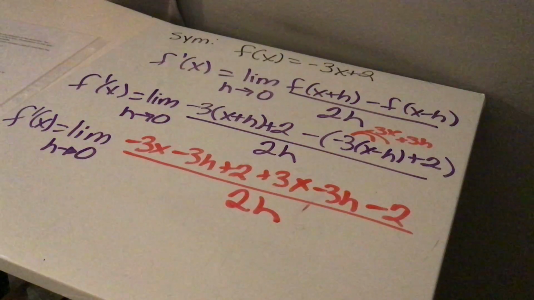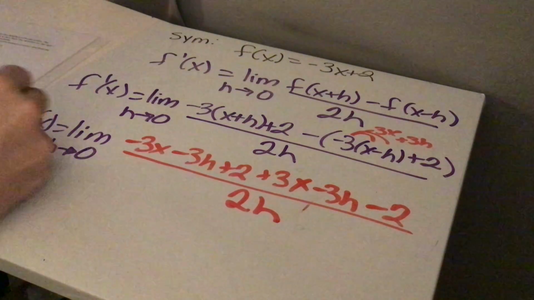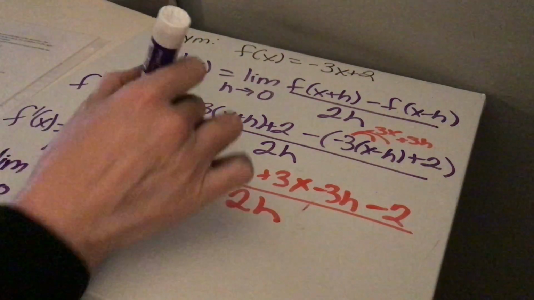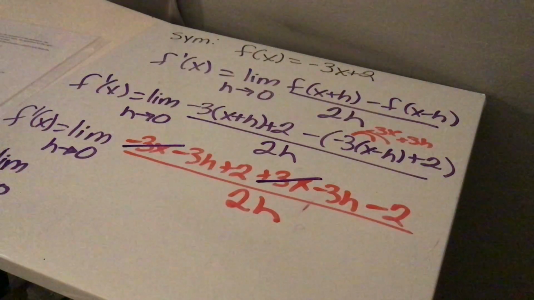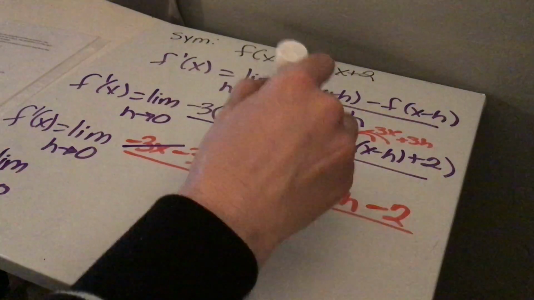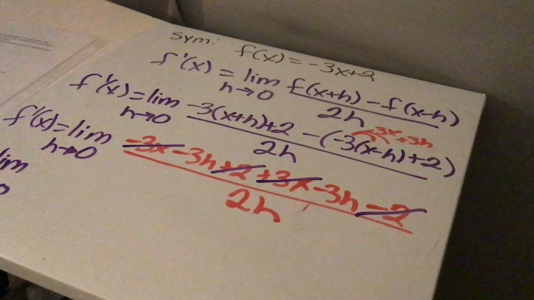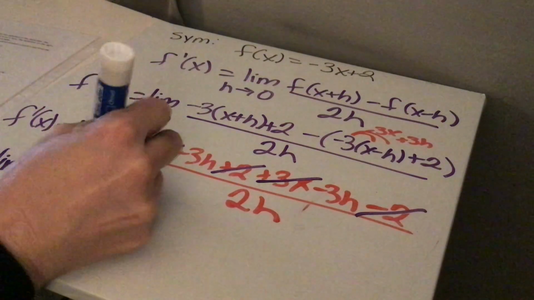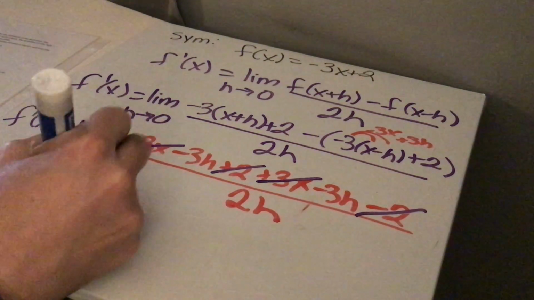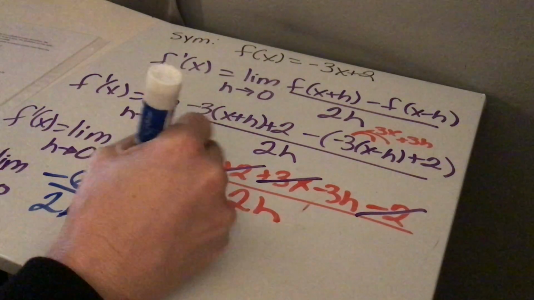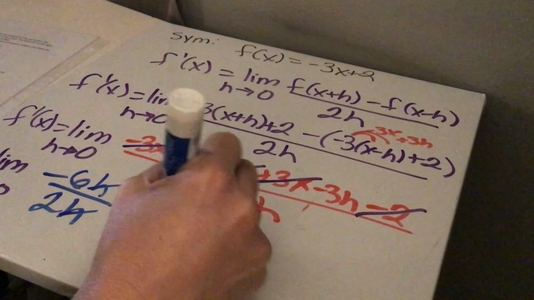Okay, simplify again. That is the limit as h approaches 0 of, well, negative 3x plus 3x cancels. 2 minus 2 cancels. So you are left with minus 6h over 2h, which is nice because now your h's cancel and you're left with the limit as h approaches 0.